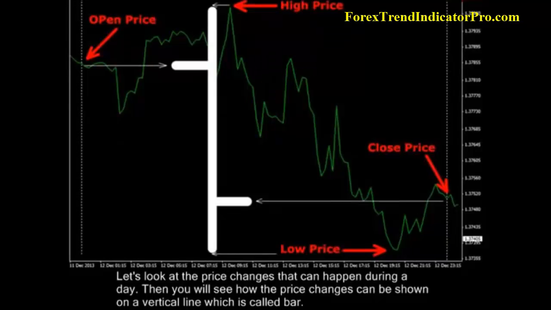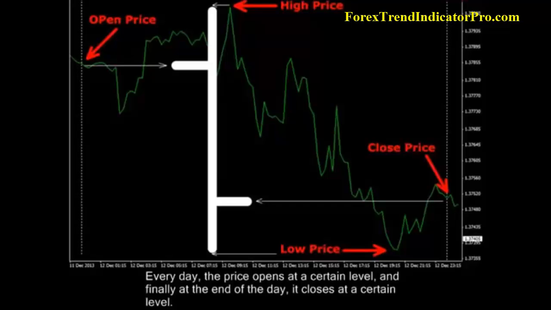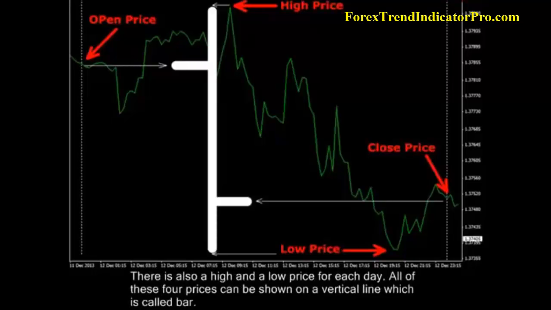Then, you will see how the price changes can be shown on a vertical line, which is called bar. Every day, the price opens at a certain level, and finally at the end of the day, it closes at a certain level. There is also a high and a low price for each day. All of these four prices can be shown on a vertical line, which is called bar.